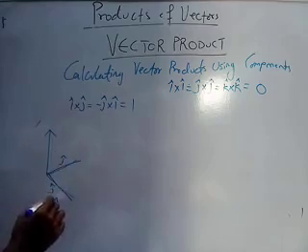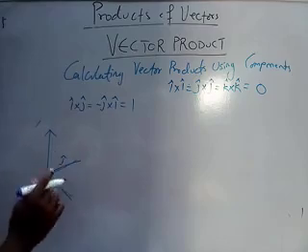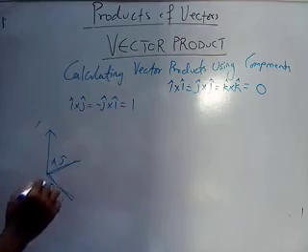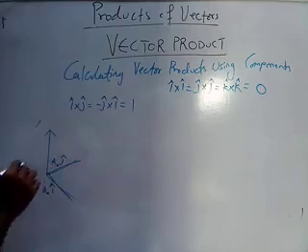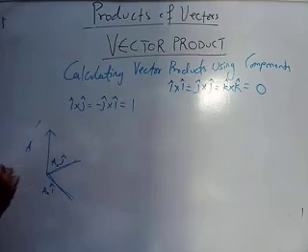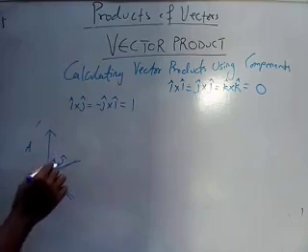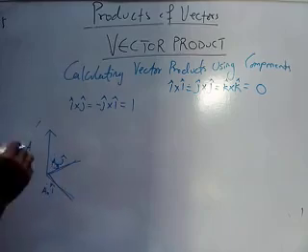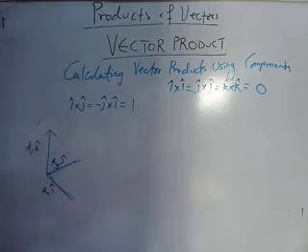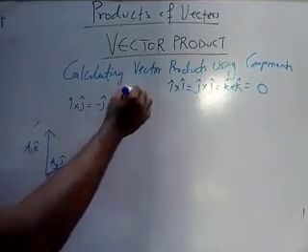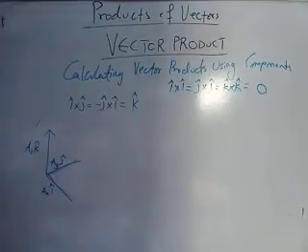If this is vector A, A X I, A Y J, and here is going to be A Z K. So the change is vector K.